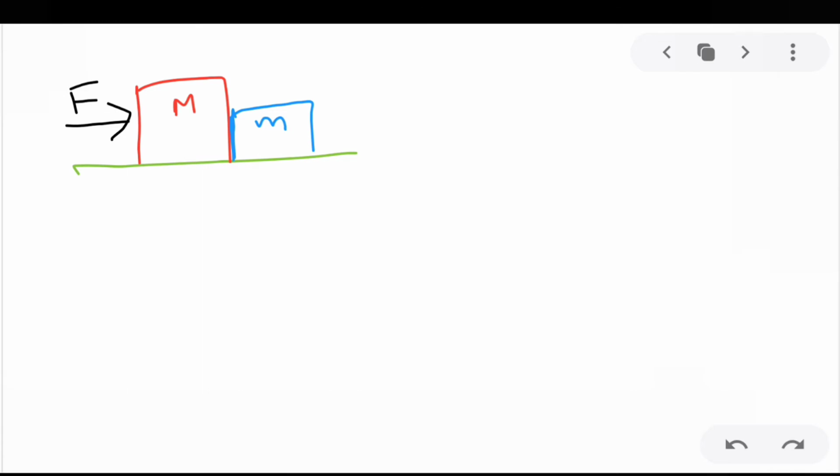Since the two blocks are in contact, the block of mass capital M will exert a force on the block of mass small m. Suppose that force is small f. This force is the contact force, and we are representing the contact force by the symbol small f.